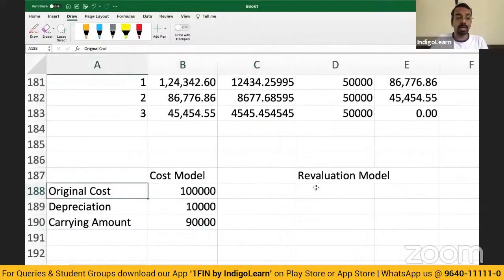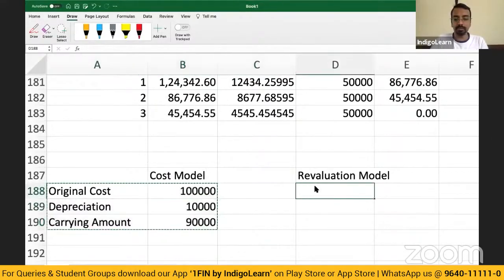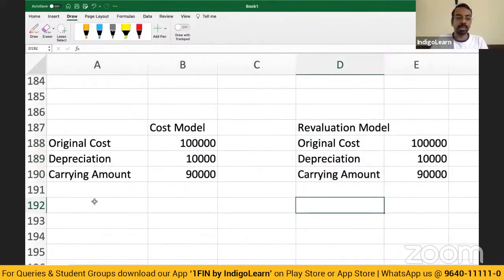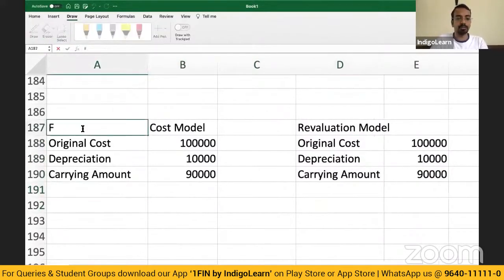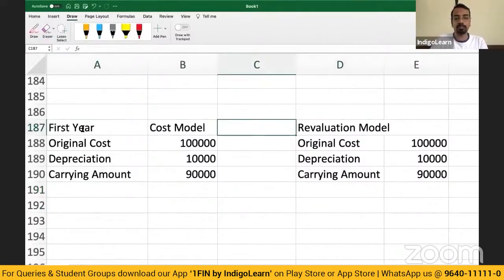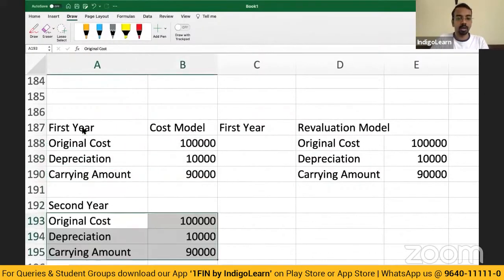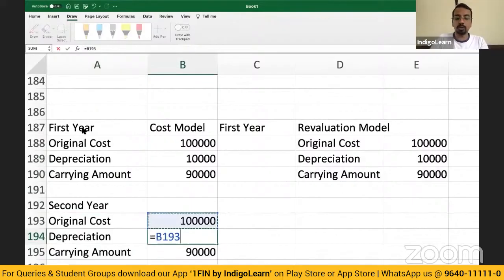Under the revaluation model, let us say the first year it is the same thing. Now, what happens in the second year? Original cost less depreciation for 2 years, divided by 10 multiplied by 2, carrying amount is 80,000.